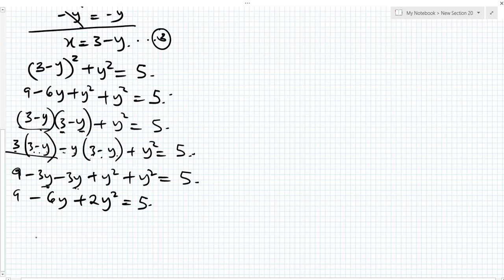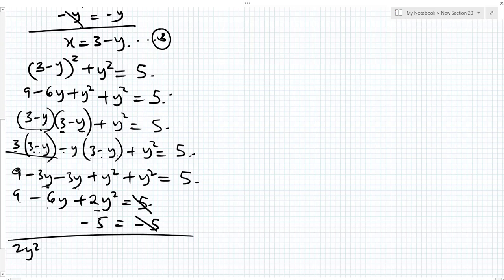Now if you're adding minus 5 to both sides, this one will cancel this. So you now have 9. Let me write this one here. You have 2y squared minus 6y. These are like terms. So 9 minus 5 will give you plus 4 equal to 0.